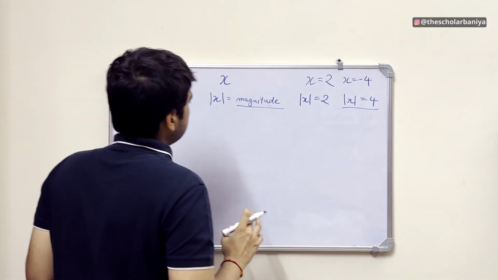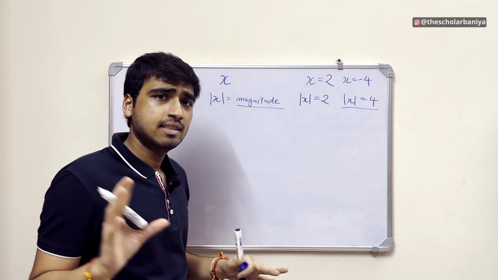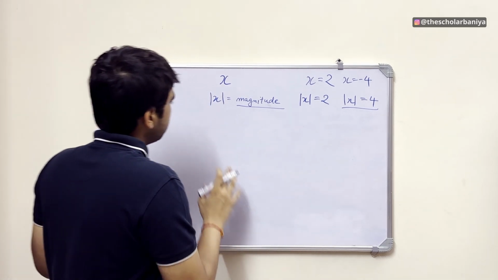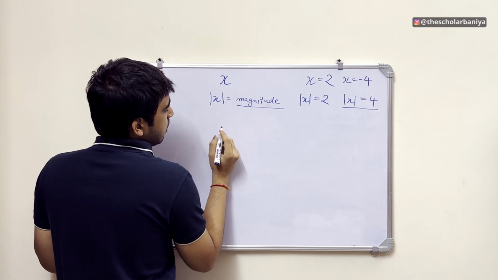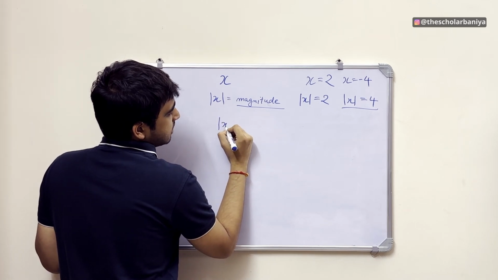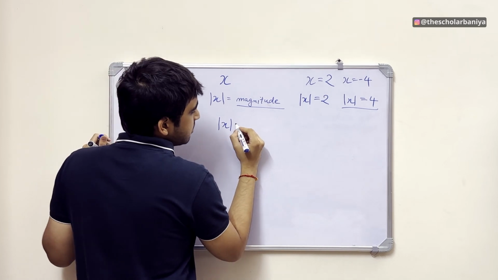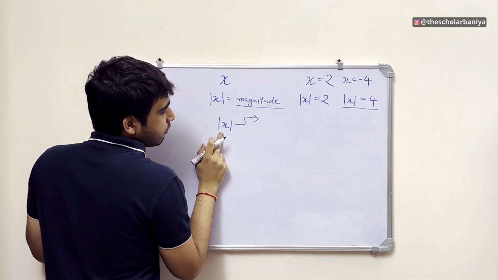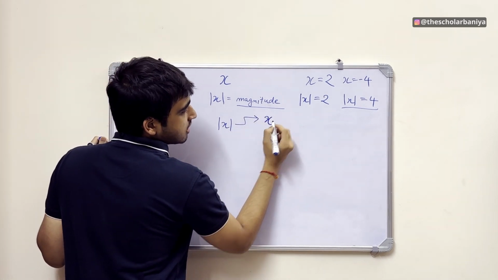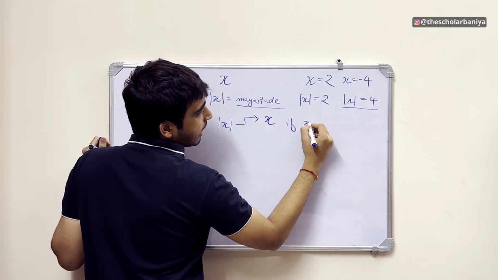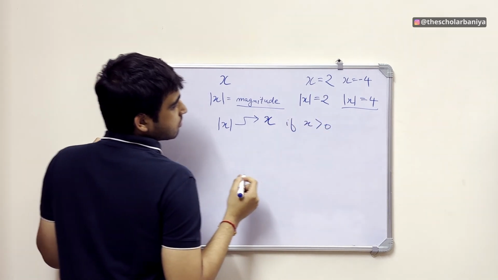Now, from the exam perspective, let me tell you a few things, right? For example, if we say mod of x, right? This means mod of x will be equal to x if x is greater than 0.